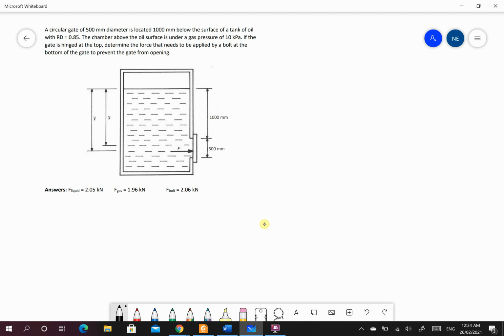So our x bar, remember, is to the midpoint or the center of the plate, which is obviously 1000 plus half of 500. So x bar is equal to 1.25 meters.